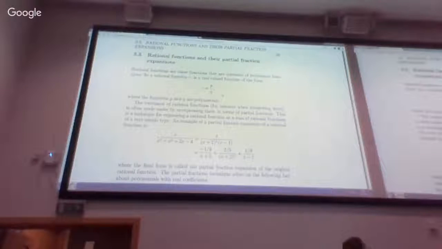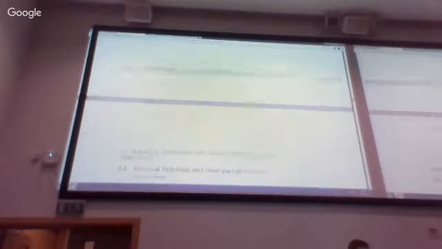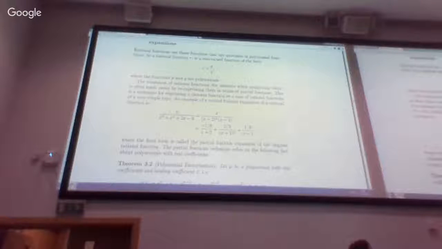A polynomial function is just some function of a single variable x, say, and it's a sum of various powers of x, and you can have various coefficients multiplying each of those powers of x. So we imagine ourselves in a situation where we're faced with a certain rational function. Here's an example of one, x over x cubed plus x squared minus 2x minus 4.